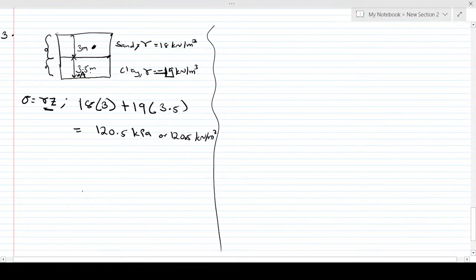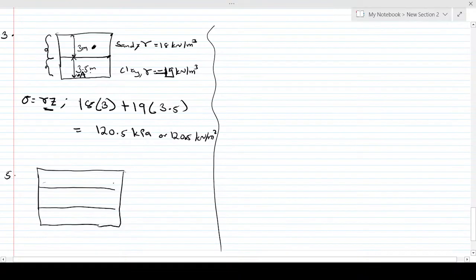Okay, let's keep advancing. Let's take our fifth model. In this model, we have 3 soil layers. The depth of each layer, the boundaries of each layer, is given below: 2 meters, 2 meters, and 3 meters.